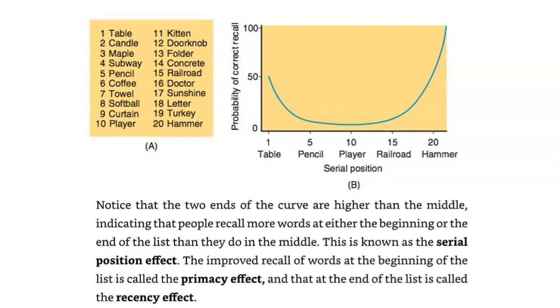Sunshine, letter, turkey, hammer are very recent, and they're recalled better of the 20. But then the words in the middle enjoy neither benefit. They're not recent, and they're not rehearsed particularly much, and therefore there's a dip in the words that we tend to recall later. That suggests the primacy and recency effect, which to some degree speaks of short-term and long-term memory due to rehearsal.